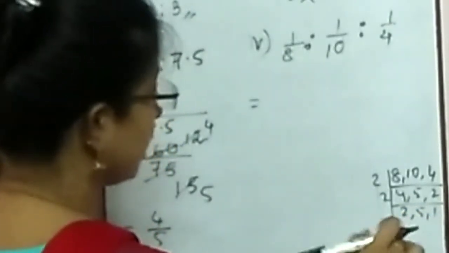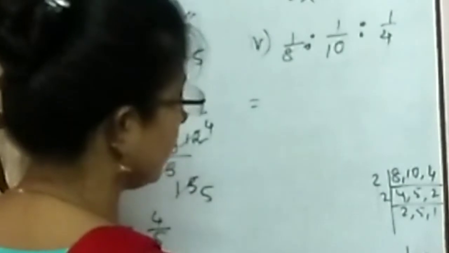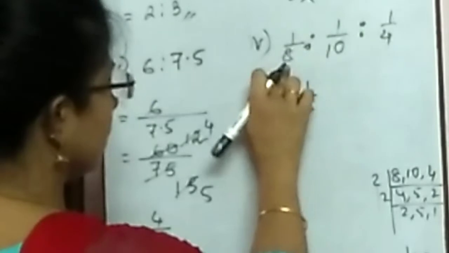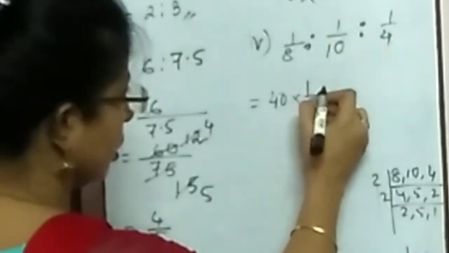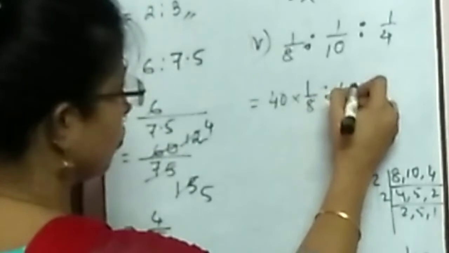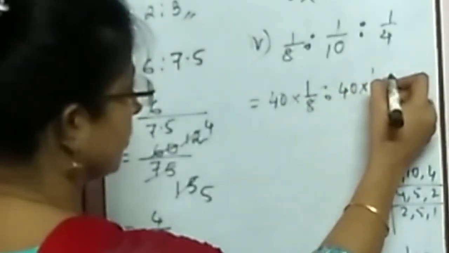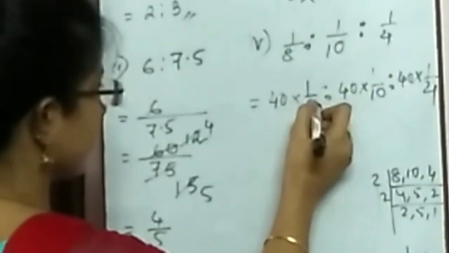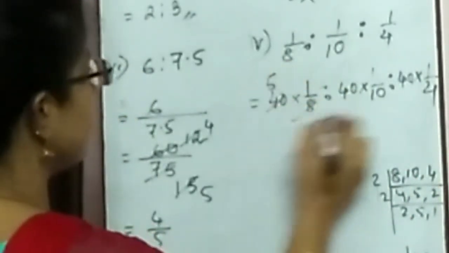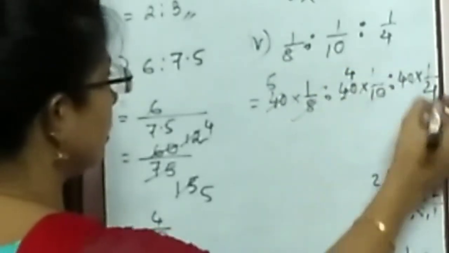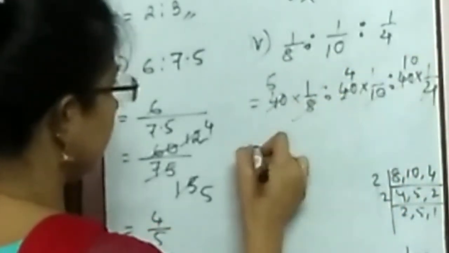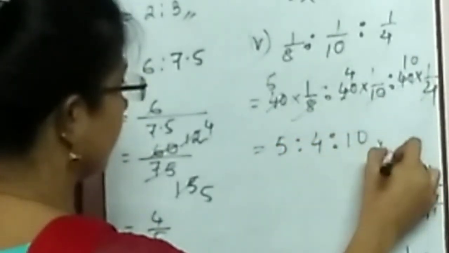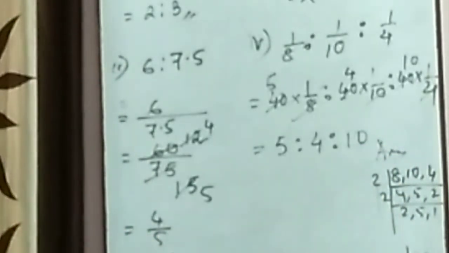Now no more, 5 to 10 and 4, 40. So by 40, by the LCM you multiply all the terms. Each of the terms you multiply by 40. Here it is 5, here it is 4, here is 10. So finally 5 is to 4 is to 10. This is the answer.